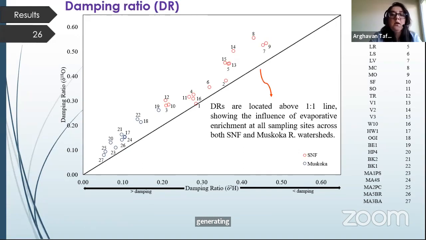For instance, all damping ratios are located above the 1:1 line for SNF and Muskoka watersheds, showing the influence of evaporative enrichment across all sampling sites across both watersheds. The red dots are related to sampling sites for SNF, and the blue ones are related to Muskoka.